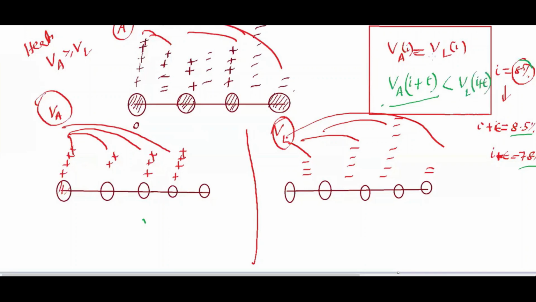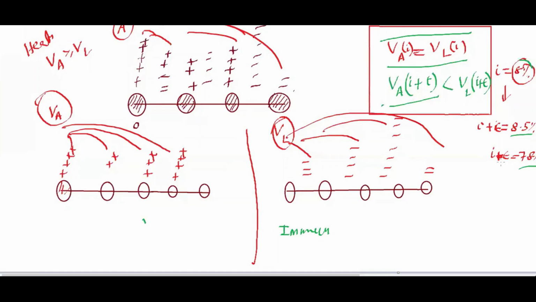It was fine, but immediately the bank declared the interest rate changed, and then your asset is less than liability, and you are in danger. Immunization is a technique by which we make sure that asset will always be greater than liability, whether the interest rate increases or decreases.